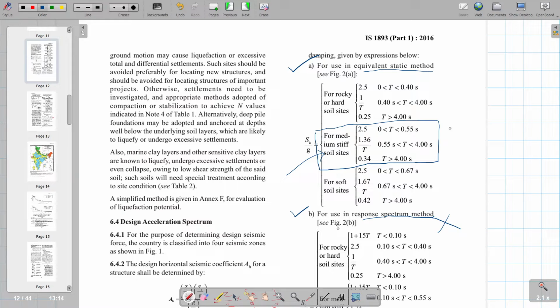Here we need to see our T. Our T, which we have calculated, is 0.28. So this 0.28 will come here, in the range 0 to 0.55, so for this, SA by G is 2.5. This is how you have to read. Okay, now we have all the values.